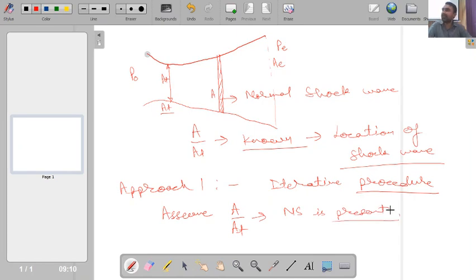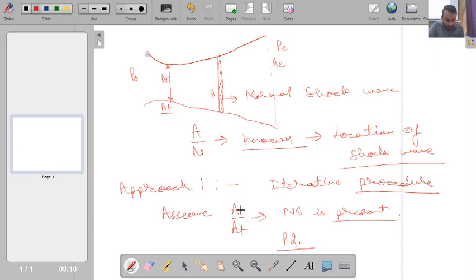Okay, so we have assumed. Once we have assumed, then we will do all the analysis which we have done in problem number 2 of the previous lecture. Okay, so in the previous lecture we had problem number 2 where the location of the shock wave was known to us.